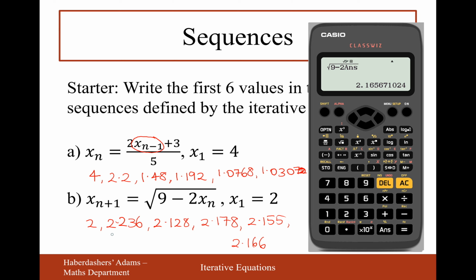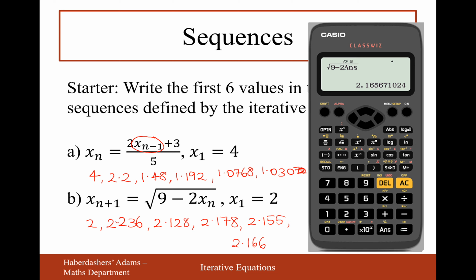Now, what you could probably see here on the calculations is that the numbers seem to be going downwards in this one here, and in this one here, it's kind of going up, then down, then up, then down, then back up again. So in 2 different ways, it seems to be heading towards a certain value.